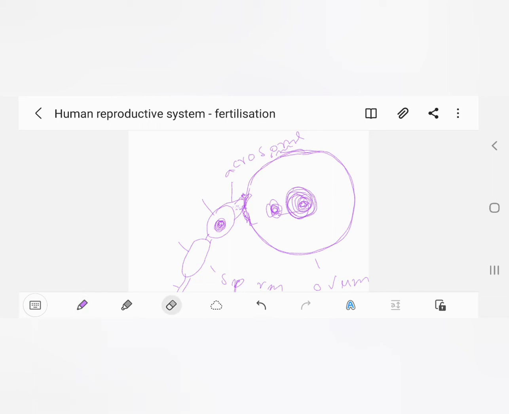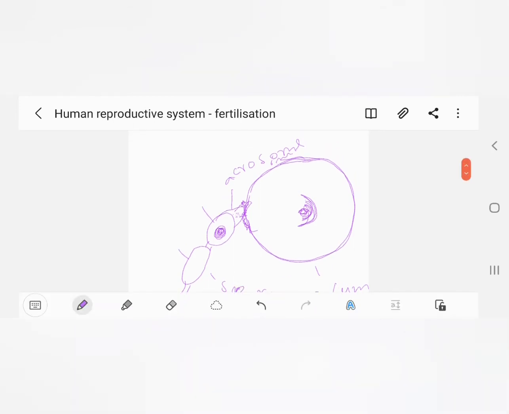That means a diploid nucleus is formed inside the ovum. Now it is called a zygote, and this process is called fertilization. Fusion of male and female gametes is called fertilization. Here the sperm is the male gamete, whereas the ovum is the female gamete.